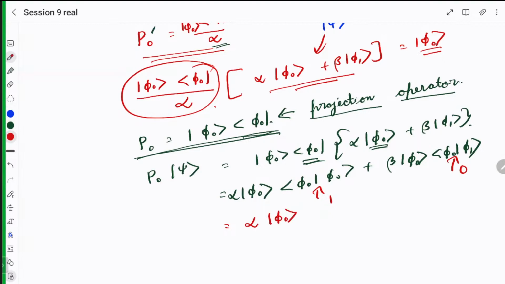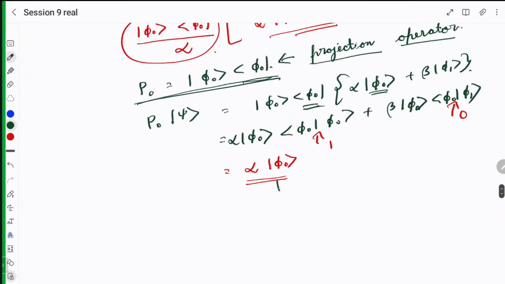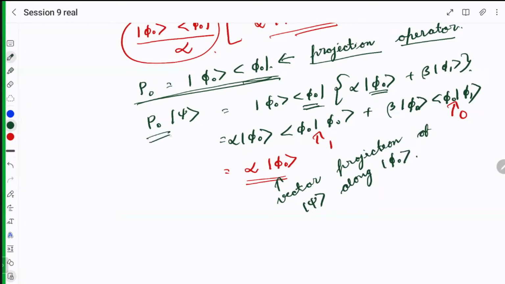So basically it gives us the projection, or this is nothing but the vector projection of psi along phi naught. So that's why this operator is known as the projection operator.